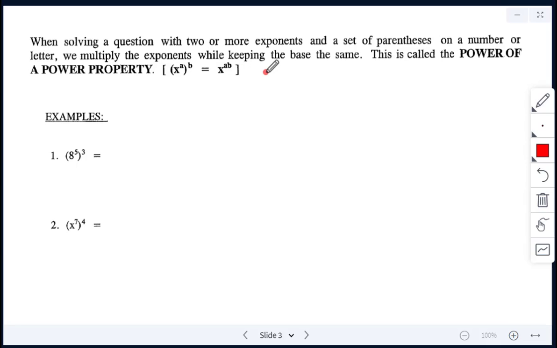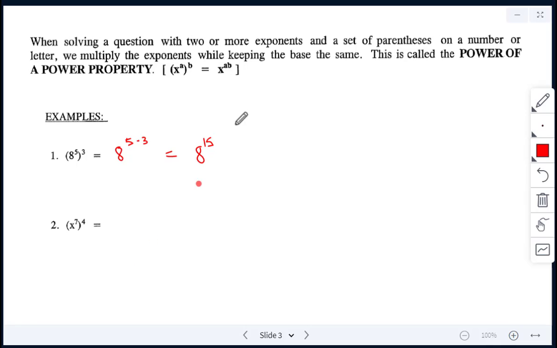We have 8 to the power of 5 to the power of 3. So we're going to multiply these exponents. It's going to become 8 to the power of 5 times 3, which becomes 8 to the power of 15.